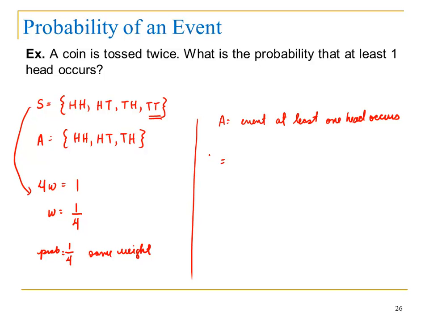Because our A is defined by HH, HT, TH. Each one of them has probability of 1/4, so the summation is 3/4. So you have a 75% chance of observing at least one head in your experiment.